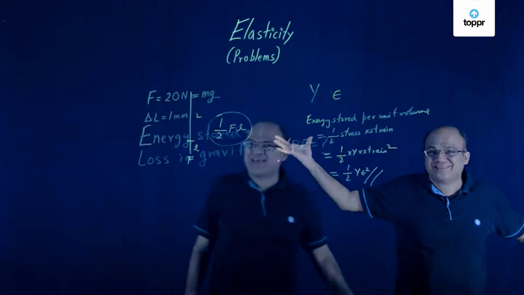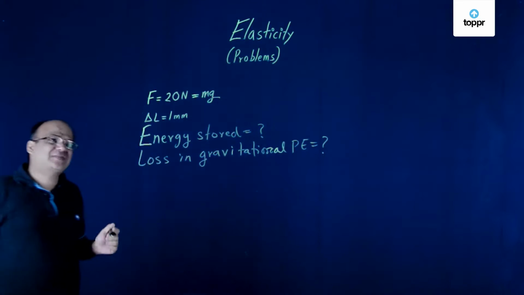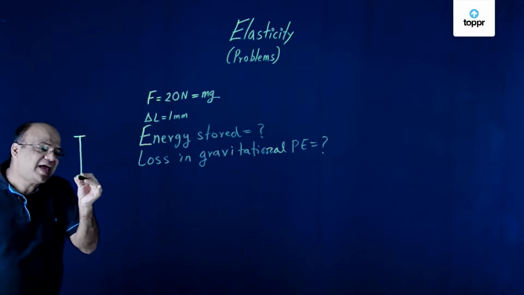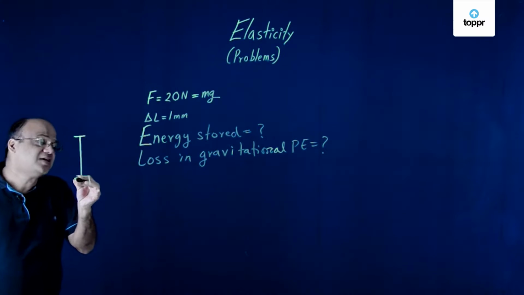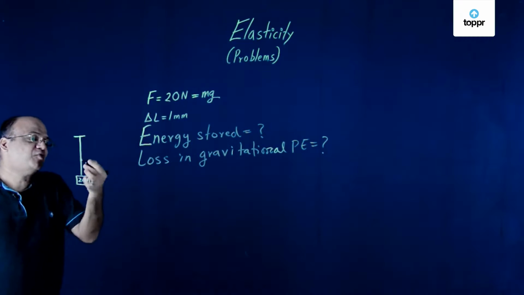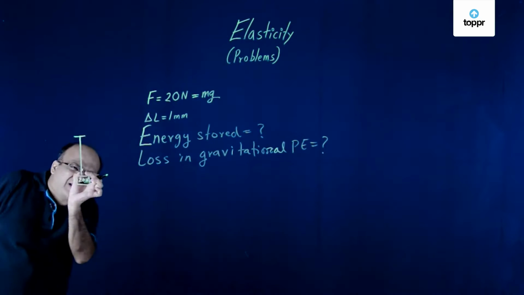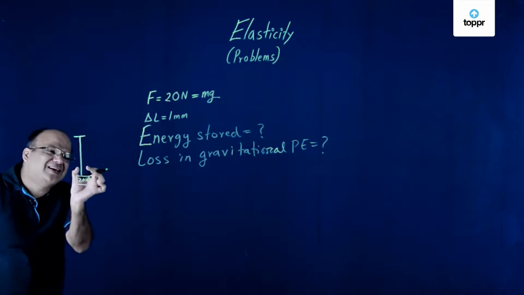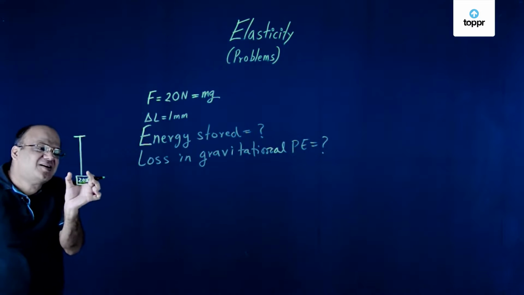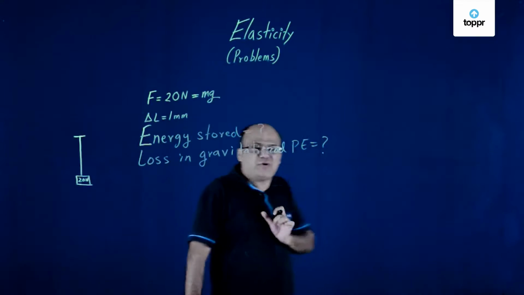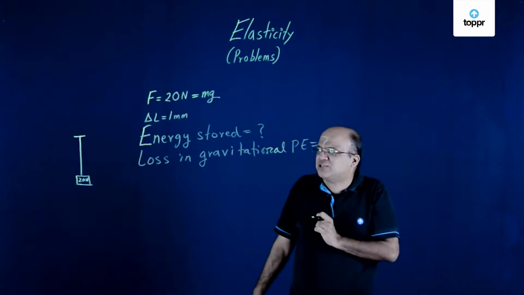Right? That's all. Now let us look at one problem where one wire is there and we hang a 20 Newton weight here. This is the force applied on the wire and the wire stretches by 1 millimeter. First question is, what is the energy stored?